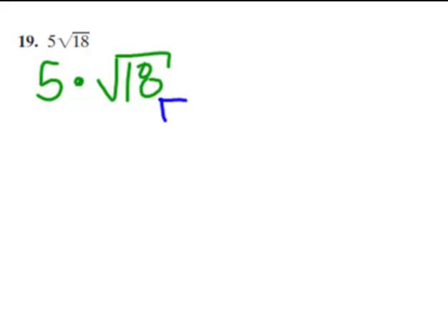Number 19, kind of the same deal, except there's a 5 on the outside. So remember, that just means that we're going to take 5 and multiply it by whatever we break up this negative 18 to, or the square root of 18 to. So let's break this down into whatever comes to mind first. How about 9 and 2? And then 9 can be broken up into 3 and 3.